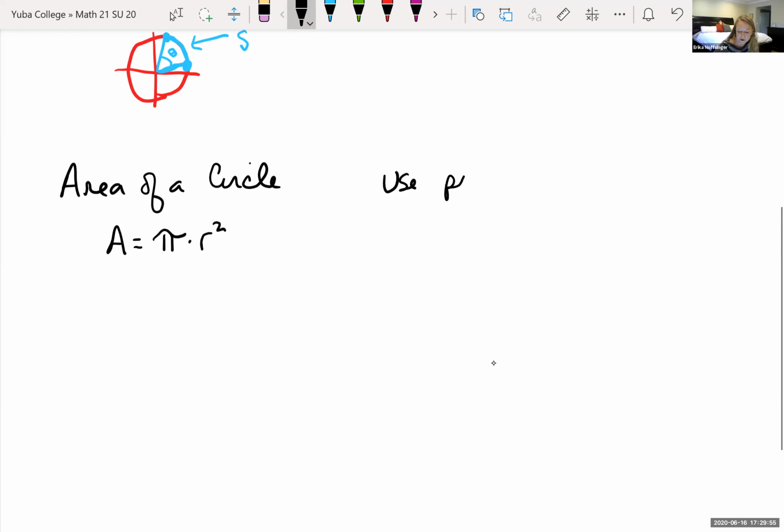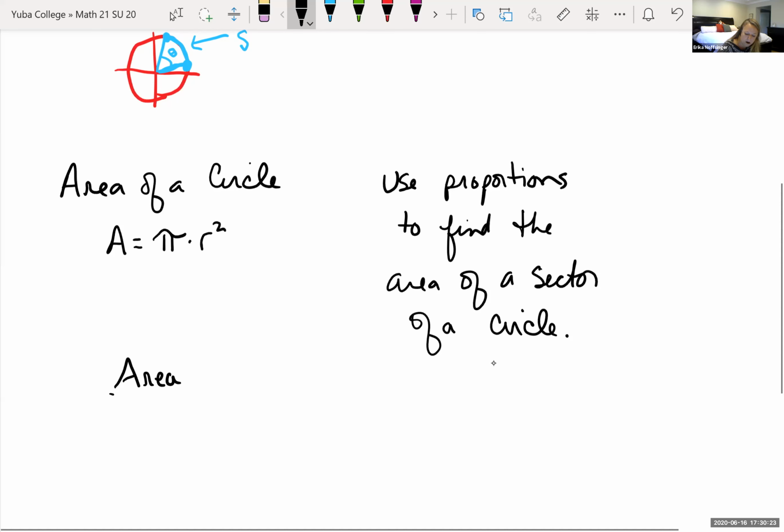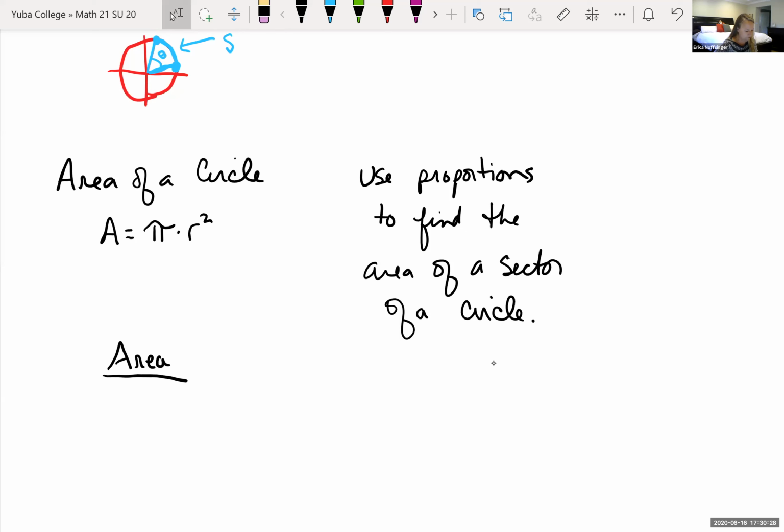We're going to use proportions to find the area of a sector of a circle. Okay, so let's think about this as area all over the circumference.